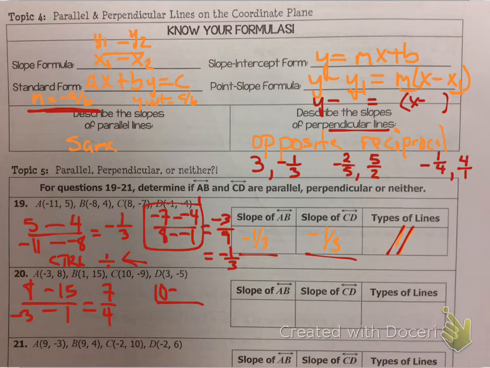No, I don't. Why don't I just get that right? Negative 9 minus a negative 5. And then 10 minus 3. And when I do that, I get negative 4 over 7. So I have 7/4 and negative 4 over 7. So those two lines are perpendicular. Okay, so those two are perpendicular.